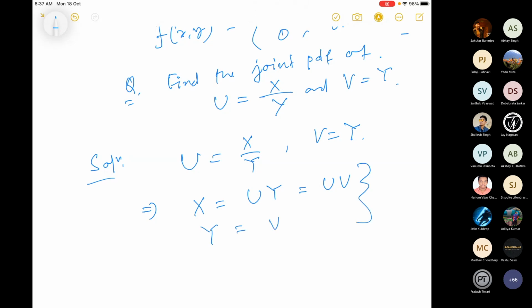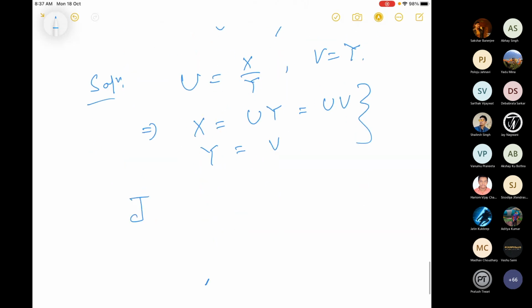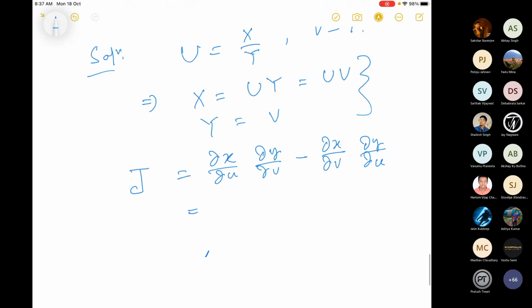Now we can find the Jacobian, which is del x/del u times del y/del v minus del x/del v times del y/del u. So del x/del u is v, times del y/del v which is 1, minus del x/del v which is u, times del y/del u which is 0. So this is just v.